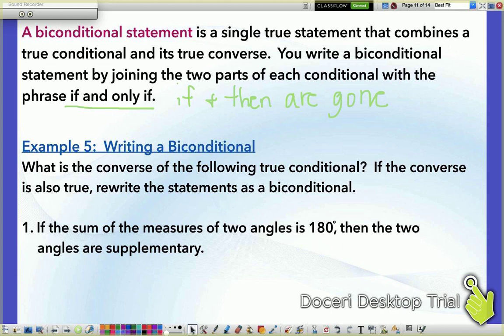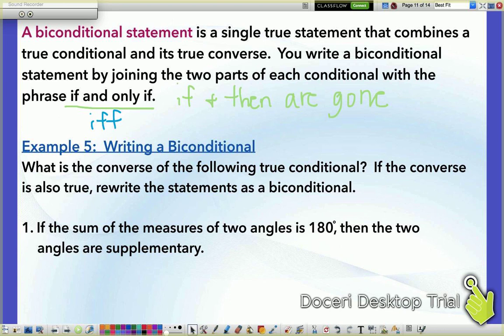Okay, it just doesn't make any sense. Oh, and another thing I forgot to tell you is that you can abbreviate if and only if: IFF, that means if and only if.